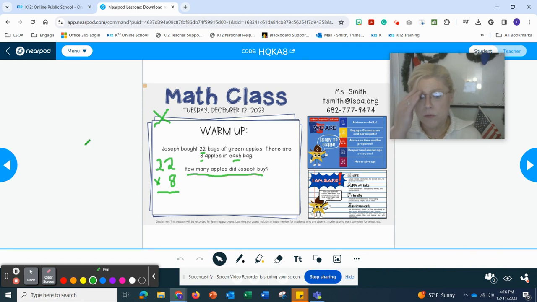So if you're going to use repeated addition, make sure you don't get lost. Miss Smith is going to get lost after like adding 4 8s. But standard algorithm, totally cool. Partial products, yeah, totally. So let's do that.